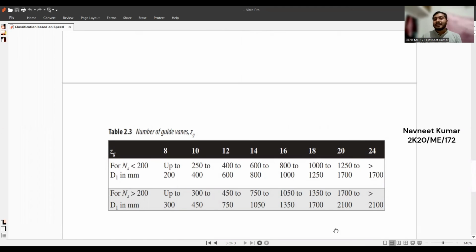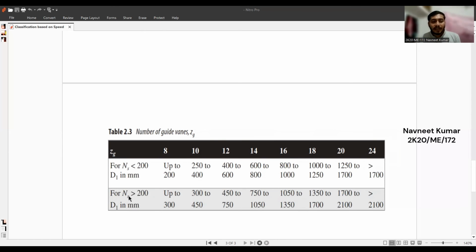As can be seen in this table, when the specific speed is less than 200 rpm, the diameter is up to 200 millimeters, and the number of guide vanes is 8. When the diameter changes from 250 to 400, the number of guide vanes required is 10. Similarly, we can see for 12, 14, 16, 18, etc.